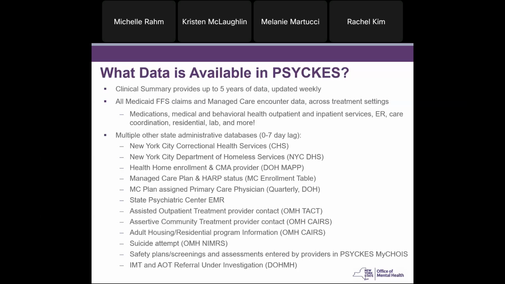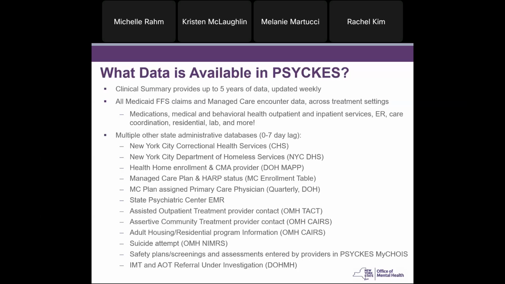We also have State PC Center electronic medical records. So if a client has spent some time in a state PC and their state PC unit doesn't bill Medicaid directly, we'd still have access to that information because that's one of our data sources.